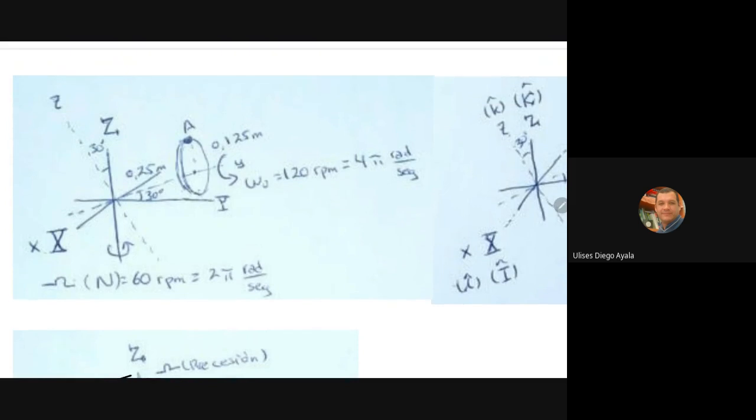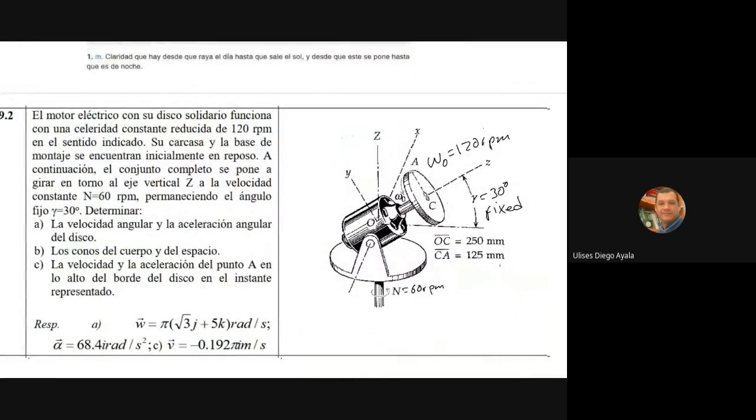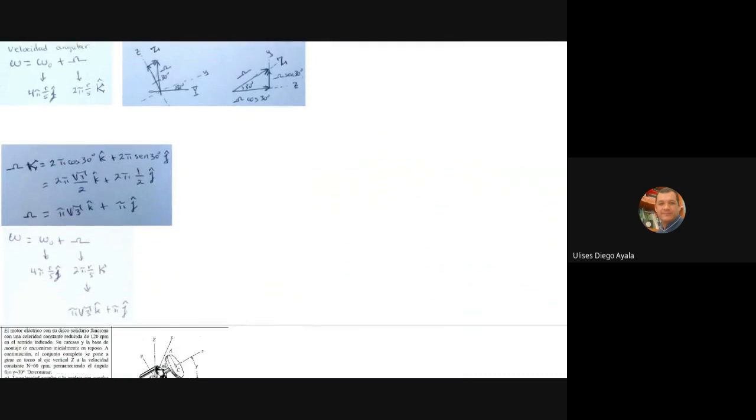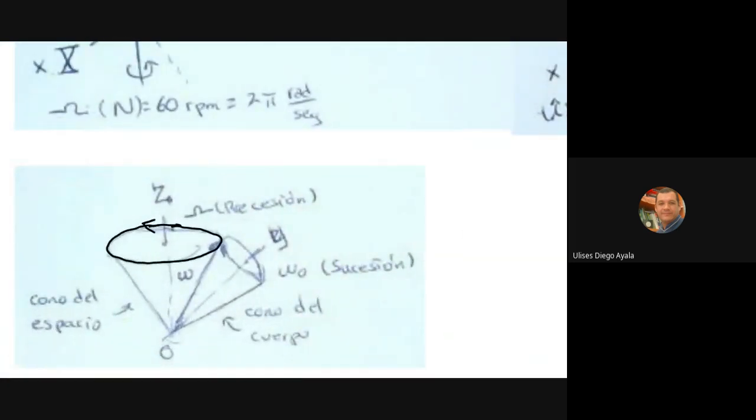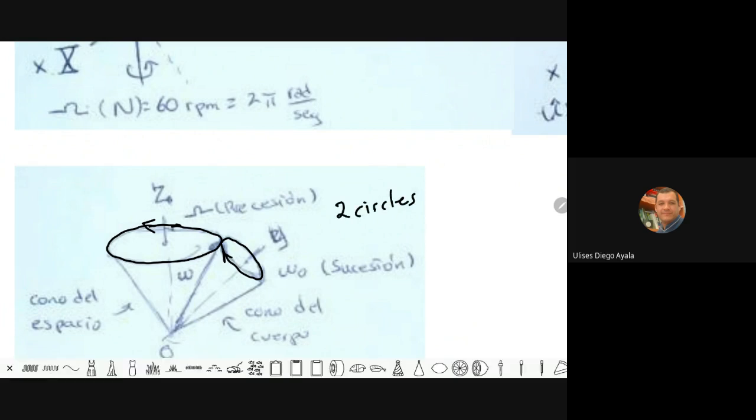You see the motor, it will rotate in this way. And then the other one will be rotating and a different cone will be like this. So the other one will be a cone depending on the direction. And these are two circles. So these two circles create these two cones. And these are called the cone from the space and the cone for the body.